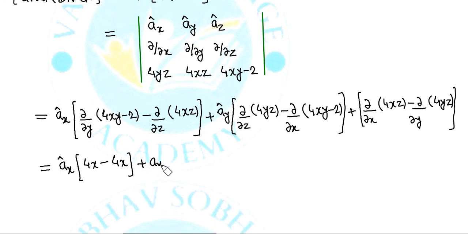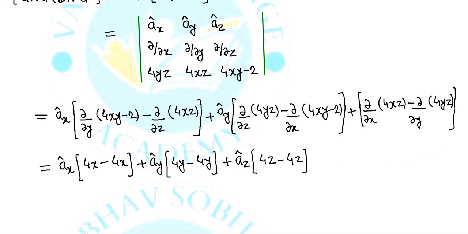Plus ay cap, differentiation of this bracket with respect to z gives 4y, and differentiation of the second bracket with respect to x gives 4y again. Plus az, differentiation with respect to x gives 4z, and differentiation with respect to y gives 4z again.